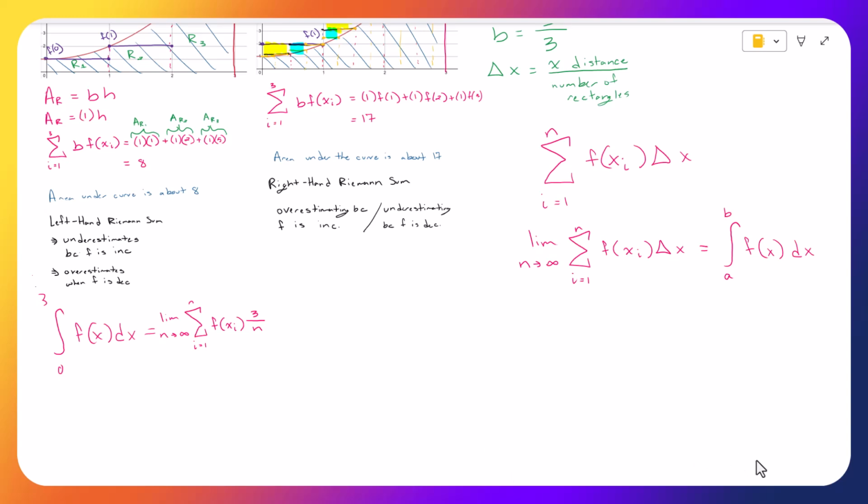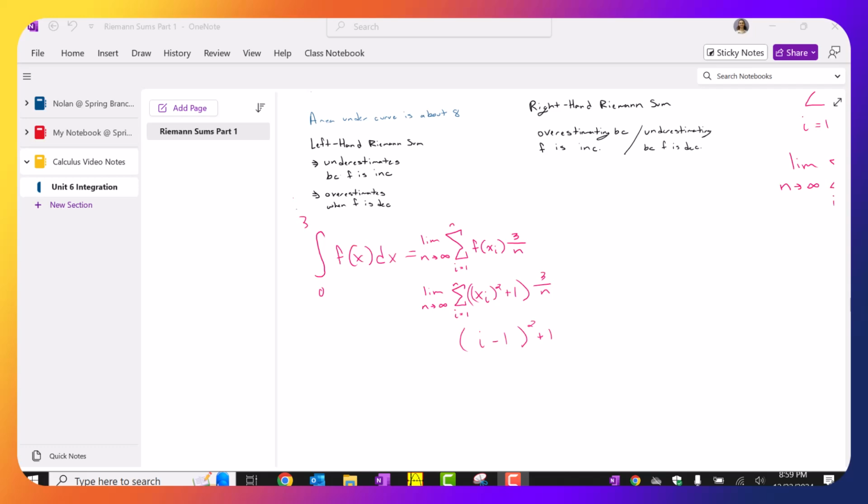So that f of x sub i, well, that's going to be, let me check myself really quick. Okay, for our left Riemann sum, well, this is our limit as n approaches infinity. Oh my god, I'm glad you can't see it, but I drew the ugliest sigma possible.